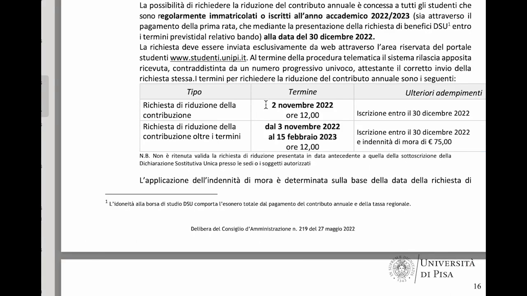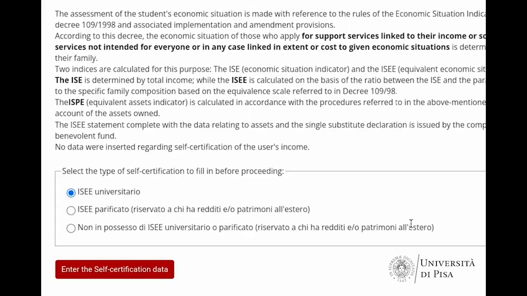Please remember that the deadline is 2 of November at 12 of the current year. I'm making this video in 2022. But if you are late and you still need to ask for fee reduction, you will have another deadline which is 15 of February of the year after, but in this case you are going to pay 75 euro.